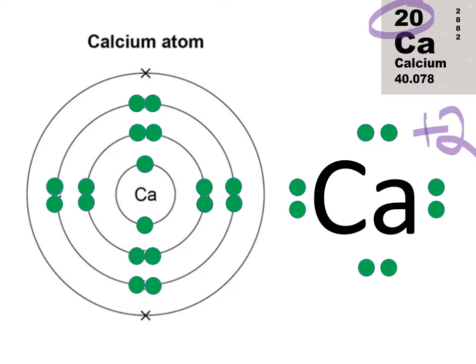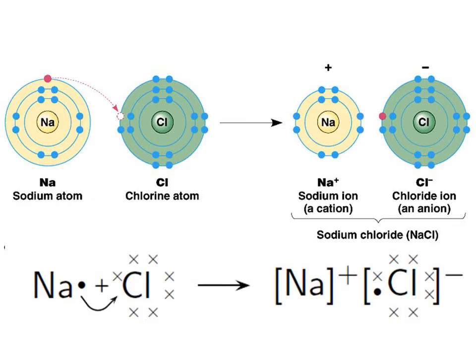If an atom gains an electron, it will have an overall negative charge as it's gained an additional negative particle. Here, sodium loses the electron in its outer shell, so sodium has been oxidized, and the chlorine atom gains that electron. This gain of a negatively charged electron is called reduction.